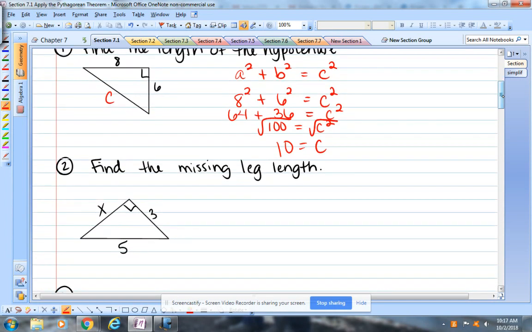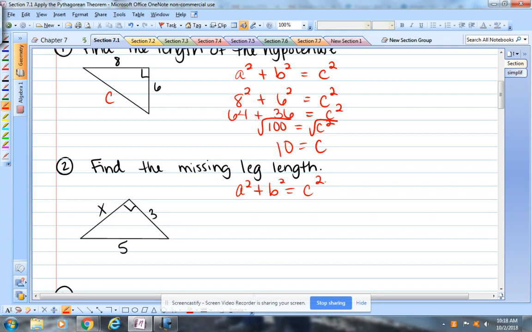Well, sometimes you need to find a missing leg. In this next example, one leg is X, one leg is 3, and the hypotenuse length is 5. So we have to find X, which is a missing leg. We're going to use A squared plus B squared equals C squared.